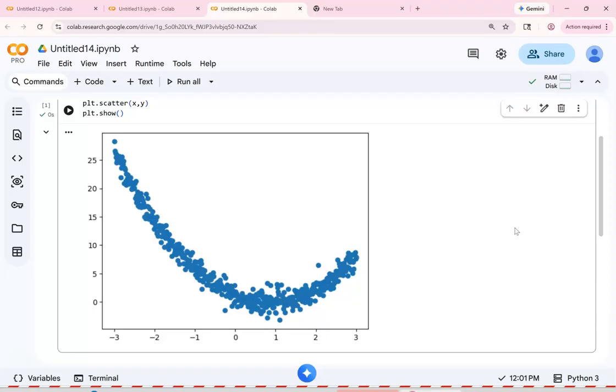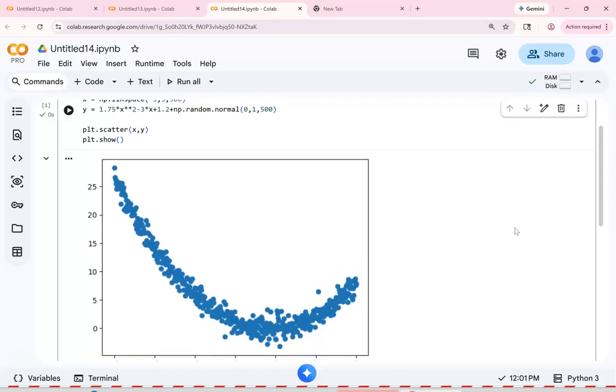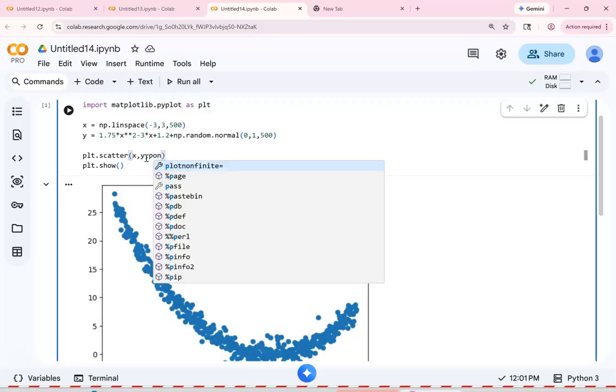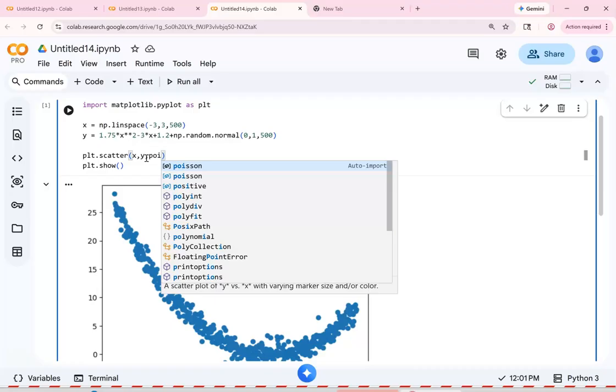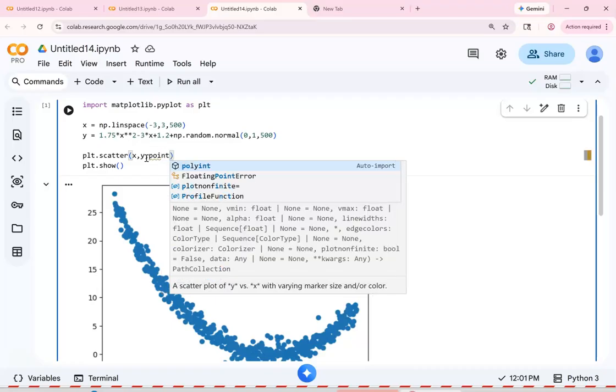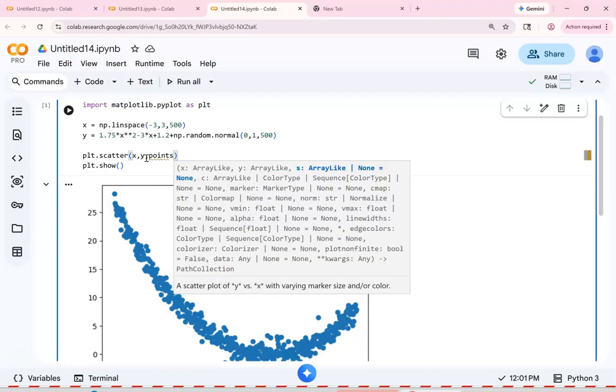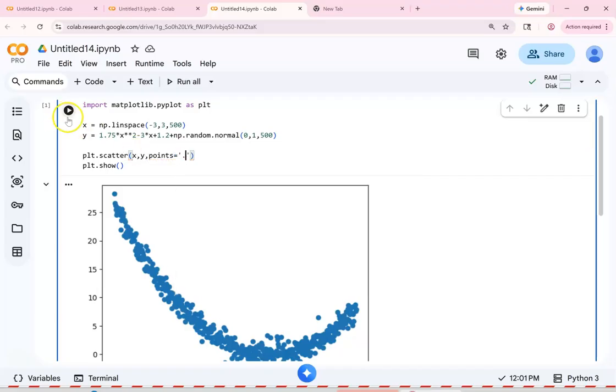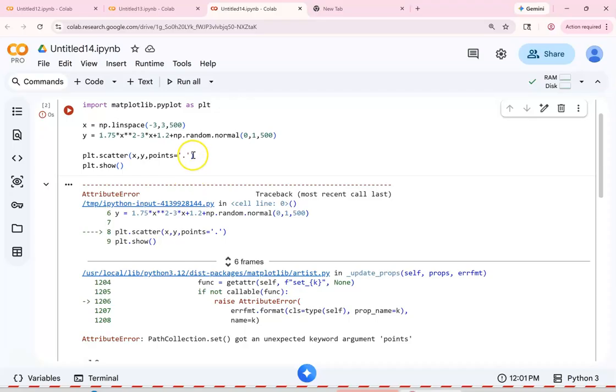There's a scatter plot. The points are kind of big. If you want to make the points a little bit smaller, I think it's just point. Is it point or is it points? Well, I'll find out here in a second. Let me see.